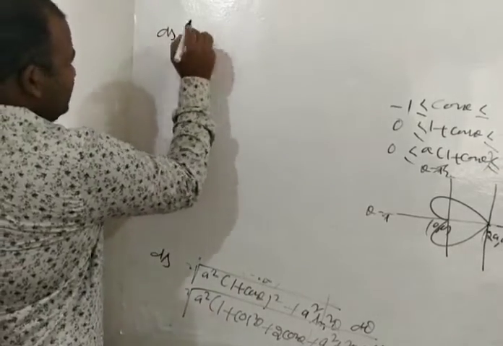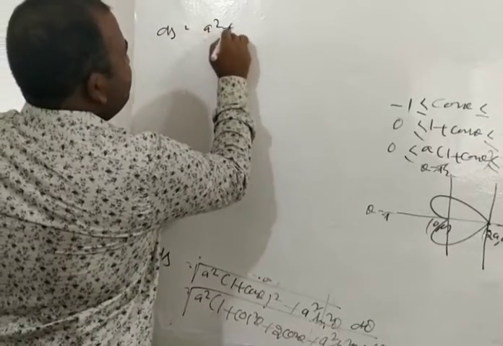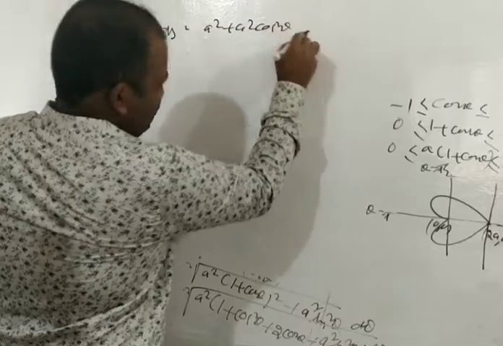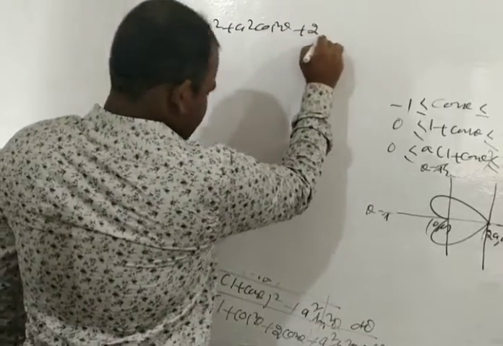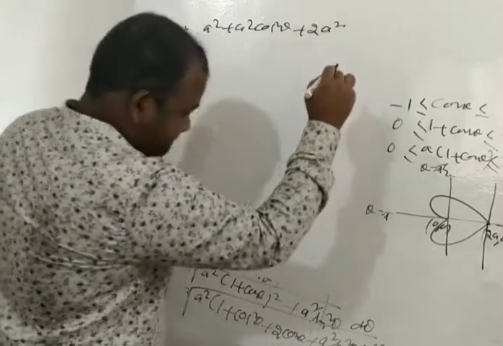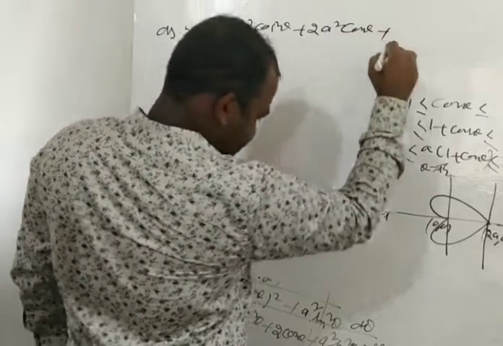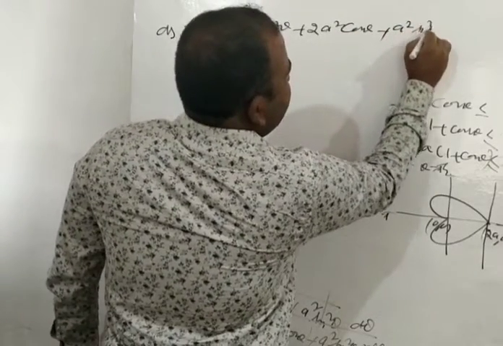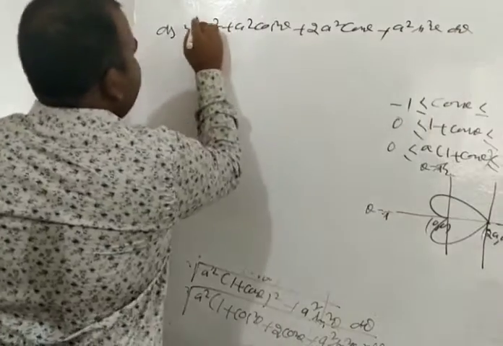So ds equals the square root of a square plus a square cos square theta plus 2a square cos theta plus a square sin square theta, into d theta.